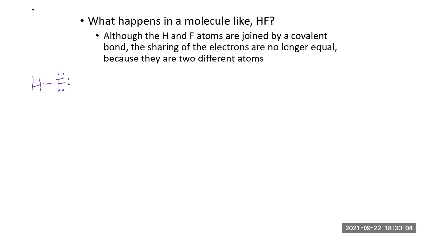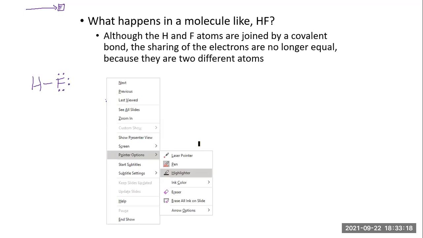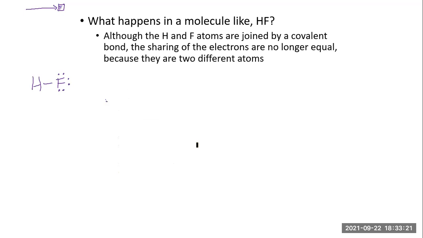And as I just mentioned, fluorine is the most electronegative element there is, which means as they are sharing these electrons, and if you think about our pulling on a rope example, in this particular case, we have fluorine, which really wants the electrons. So it's going to pull those electrons towards the fluorine. The hydrogen is going to hang on a little bit, but most of the electrons are going to find their way to the fluorine.